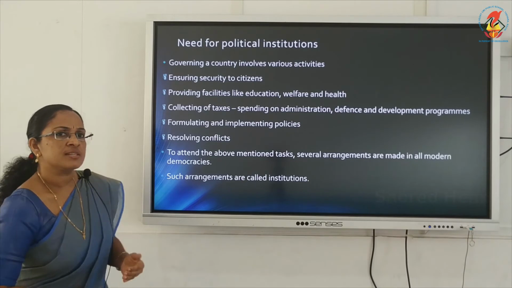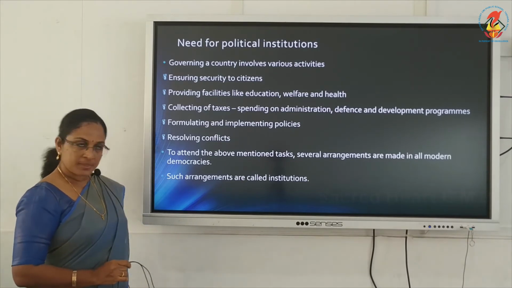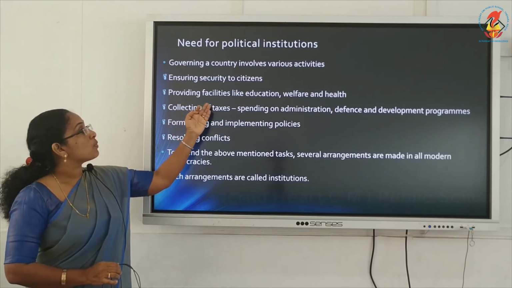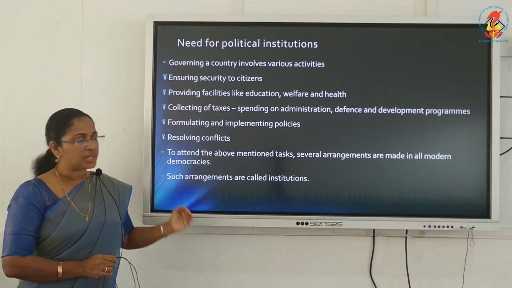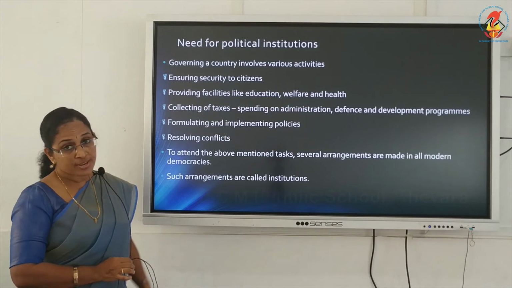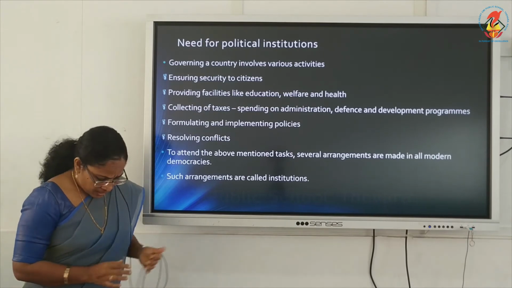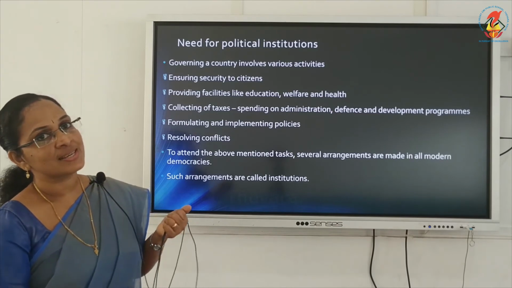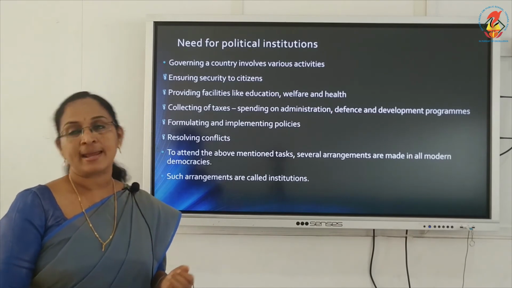Which are the activities undertaken by governments? Ensuring security of citizens, providing facilities like education, health, welfare, etc. And how does the government get money? Government is collecting taxes.